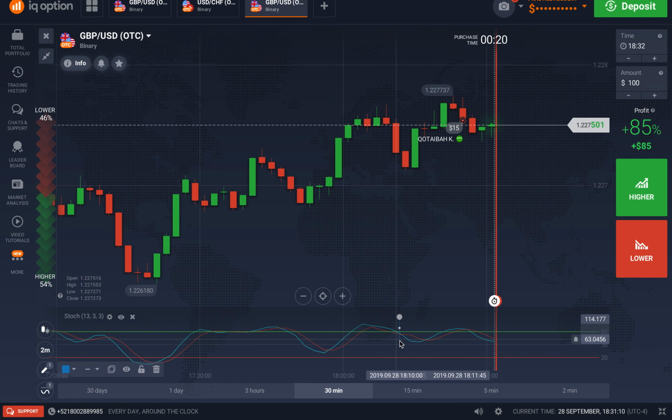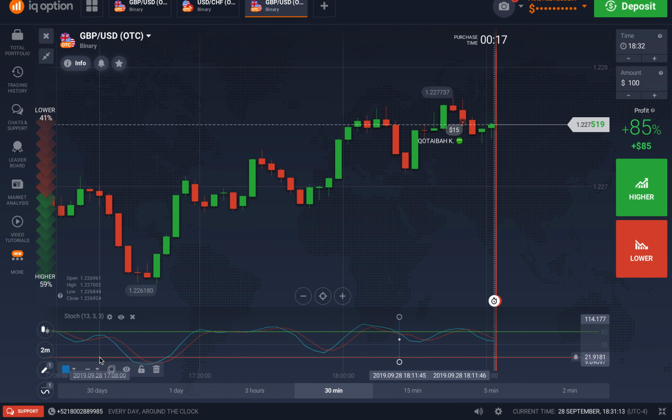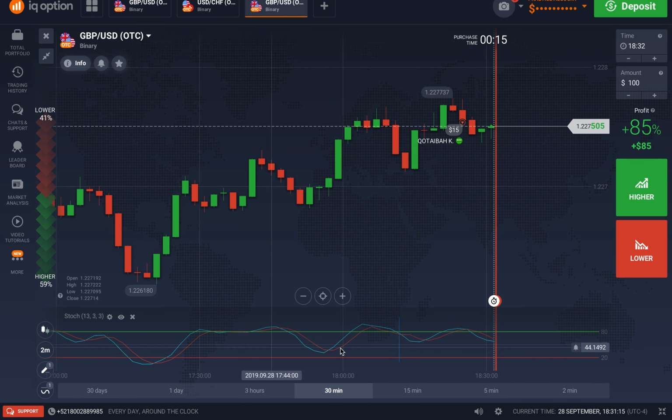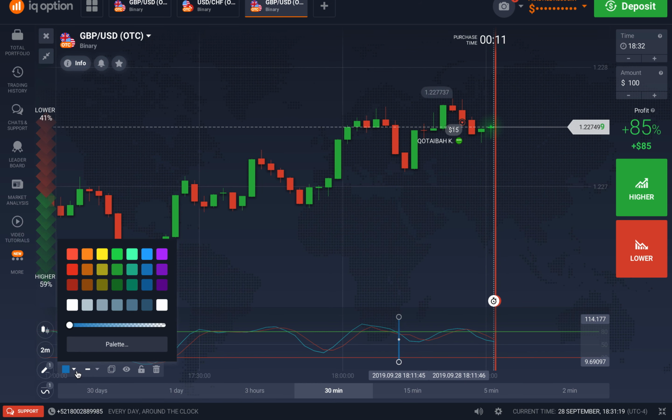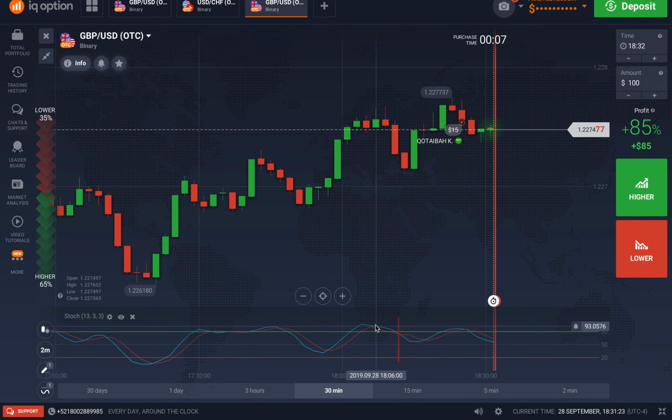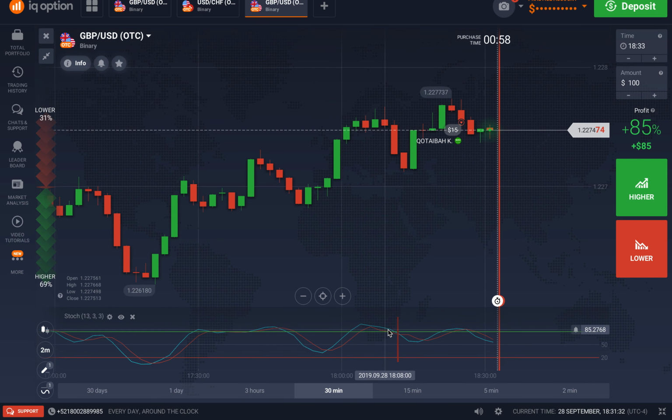When it crosses back down underneath. Right? We're not selling at the tops all the time. The strategy really comes when the blue and red line cross underneath in the stochastic.